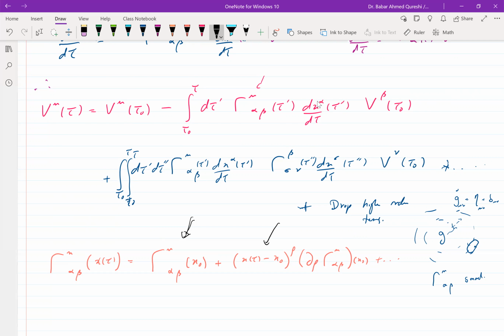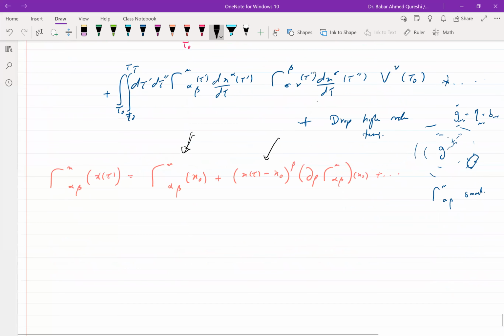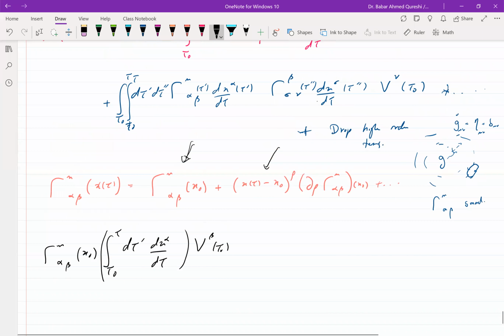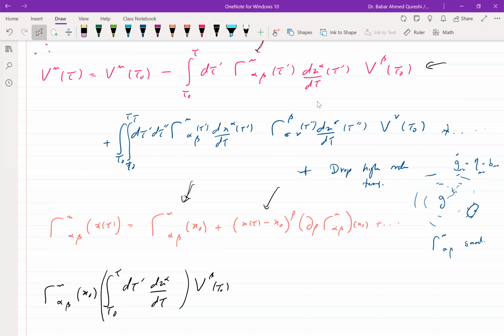So if I collect those terms by plugging in over here, I have gamma mu alpha beta at x naught, this just comes out. And this v beta is outside. It also is not depending on the integral. So this is what I get from this term, plugging in the first one.